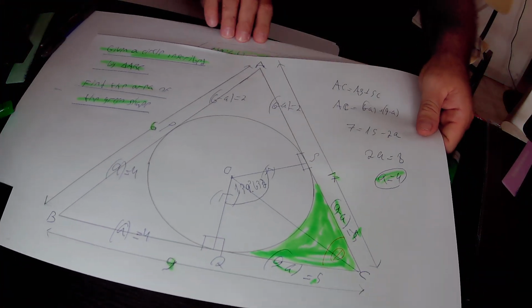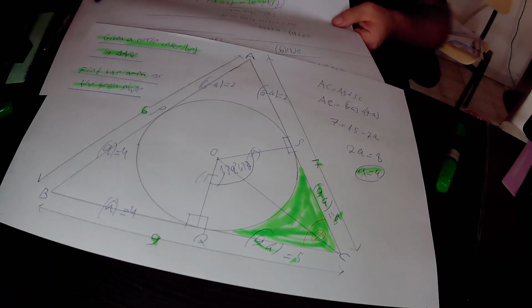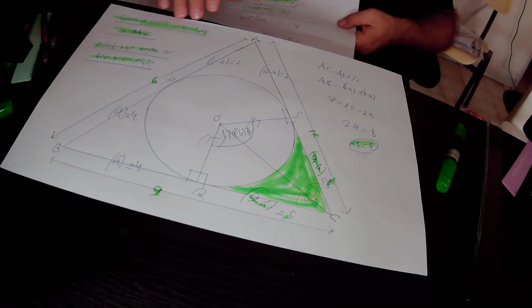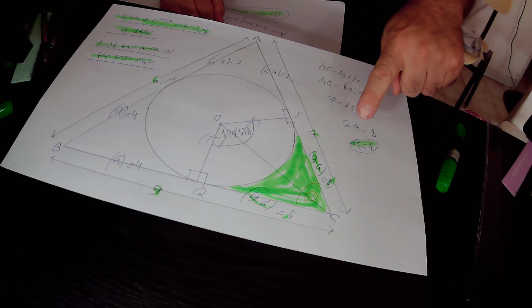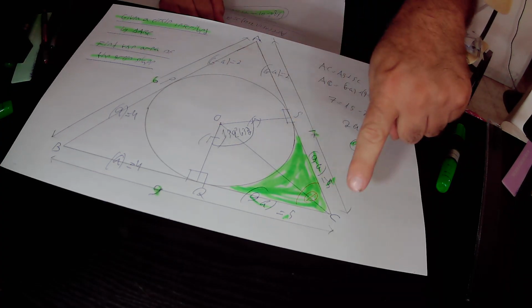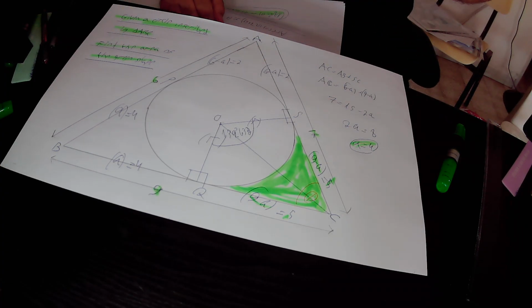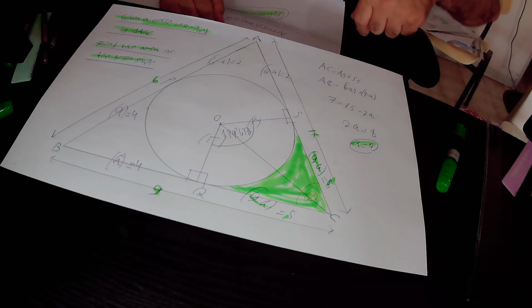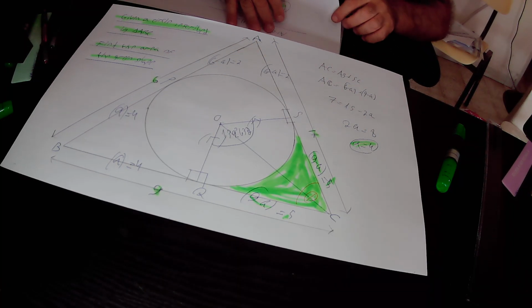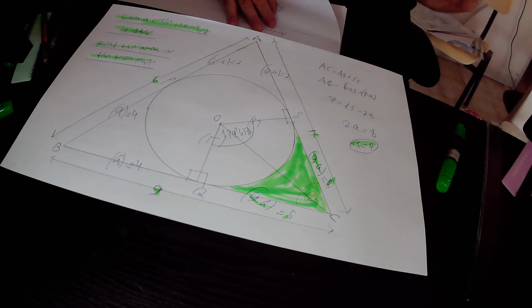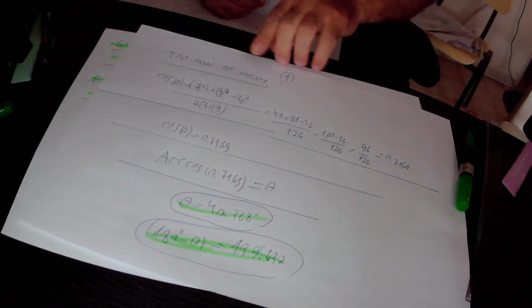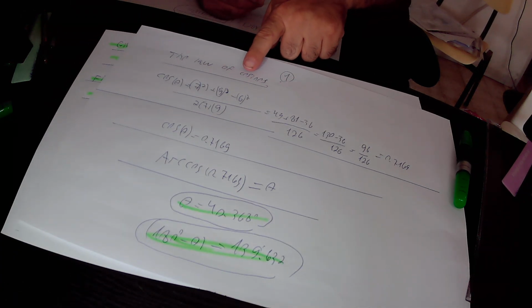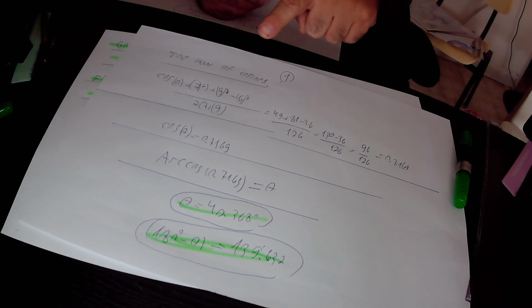According to the law of cosines, cosine theta will be equal to 7 squared plus 9 squared minus 6 squared over 2 times 7 times 9.